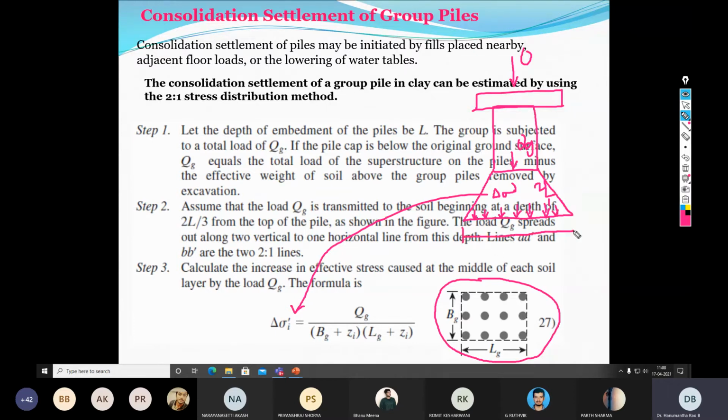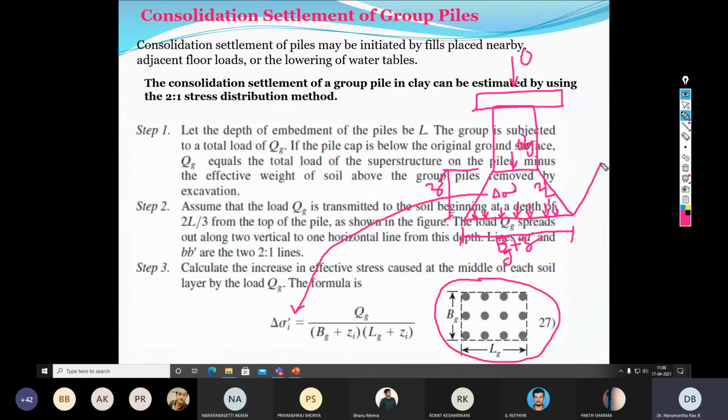So here the cross-sectional area in one direction is BG plus Z. Z means the depth from the pile tip to the corresponding layer.